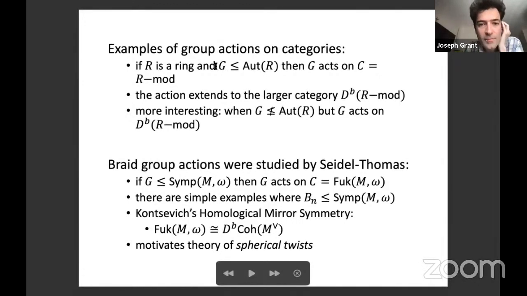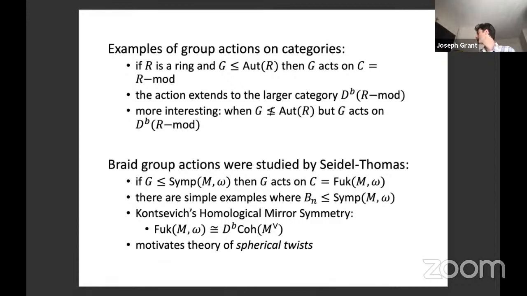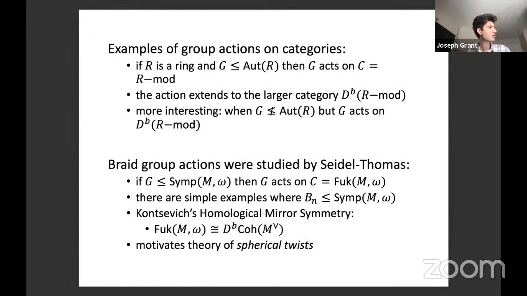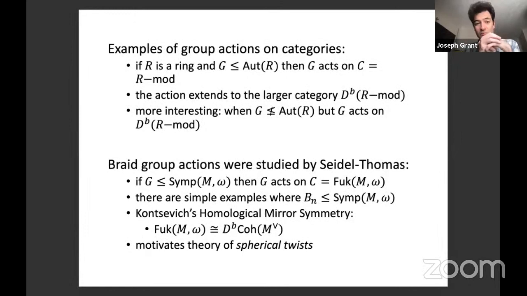But there are some observations which are useful. One is that this extends immediately to a larger category called the derived category. The analogy here is that to construct fractions, the rational numbers, we start with integers, and we allow ourselves to divide by some integers. We invert some things, and there's an analogous procedure which lets us start with a category and invert some morphisms, and we get a new category.